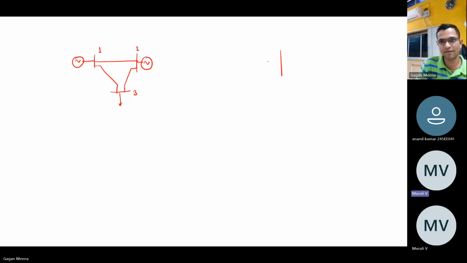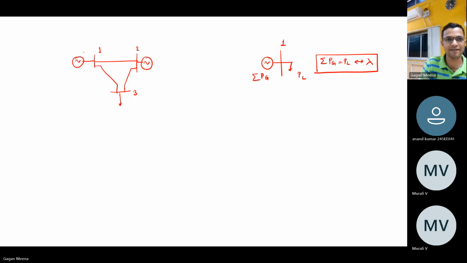If we have a 3-bus system, the economic dispatch problem without network is like this. We have only one bus, this is the summation of generation and this is the total load. The equality constraint becomes this, and we have only one dual variable.